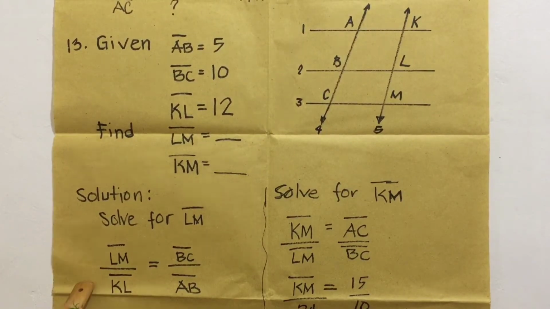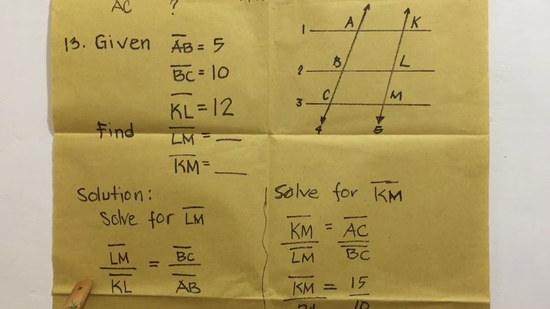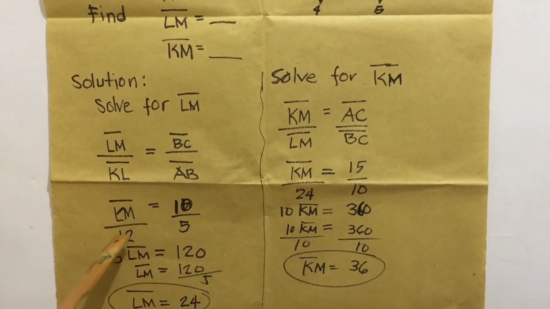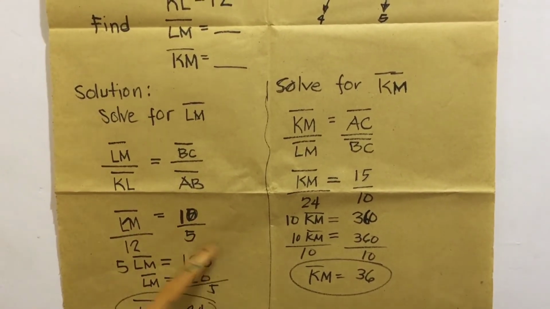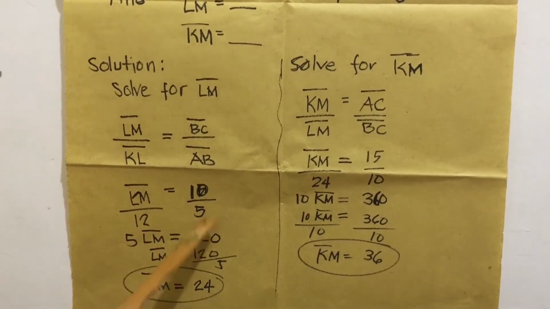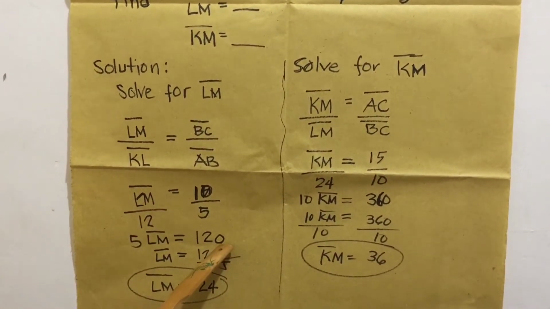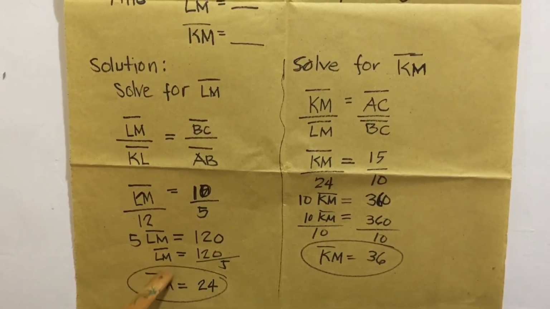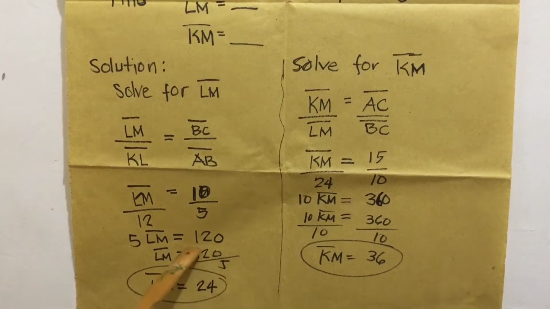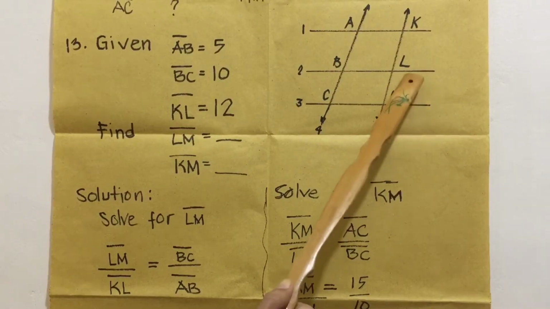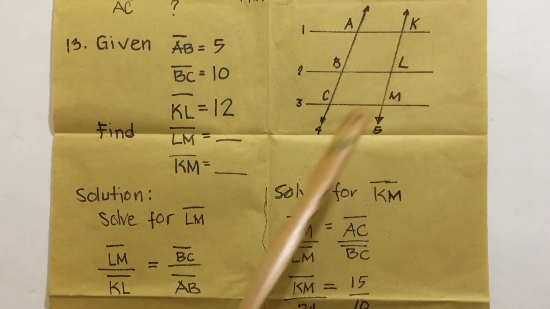After making the proportion, our next step is substitution. Segment LM over 12 equals 10 over 5, cross multiply. We have 5 times segment LM equals 10 times 12, 120. Then divide both sides by 5. So the remaining here is segment LM, and 120 divided by 5 equals 24. So the measurement here is 24.